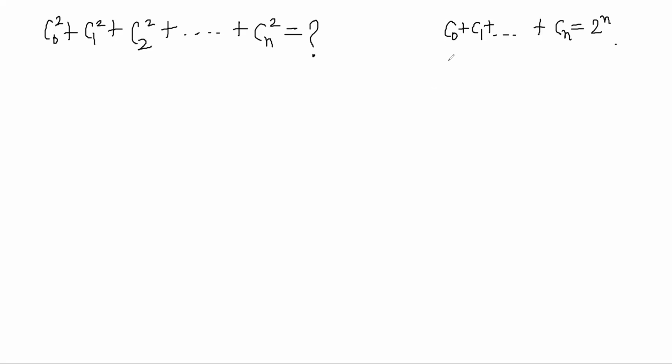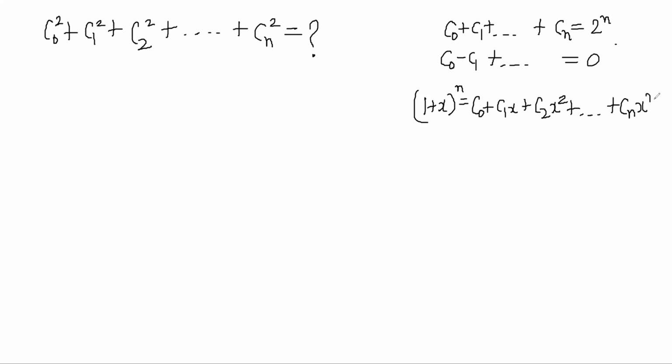We know C0 minus C1 plus and so on is equal to 0. We also know that the binomial theorem expansion of (1 plus x) power n is C0 plus C1 x plus C2 x square and so on till Cn x power n. The job is to find the sum of squares of all the coefficients.